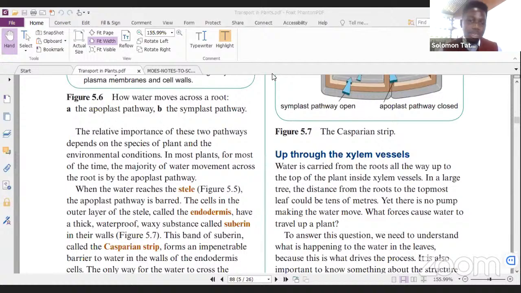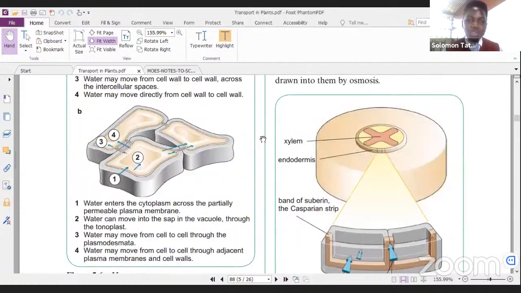Why is it the most appropriate? I'll give you a hint. Here you have to think about what would prevent this water from moving from one cell to another. What obstacles could the water meet on the way for the other pathways, which won't be in the apoplast one? That is the hint.